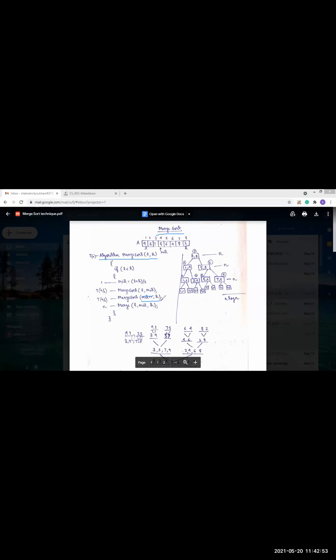If the problem is still large, we will again divide the problem, until there is a single element. At that time our sorting will start, and after sorting we will combine our solutions and get the solution of the original problem.